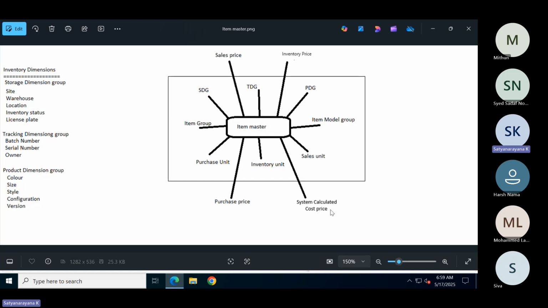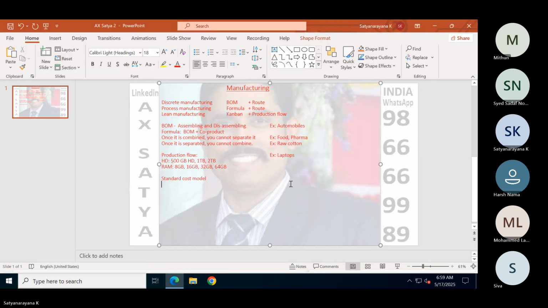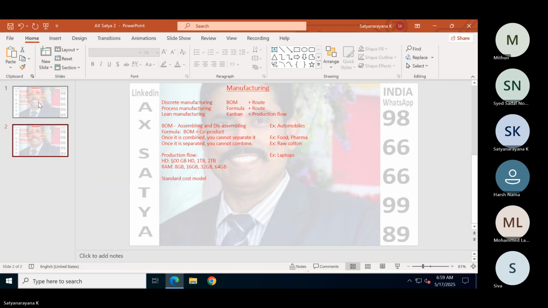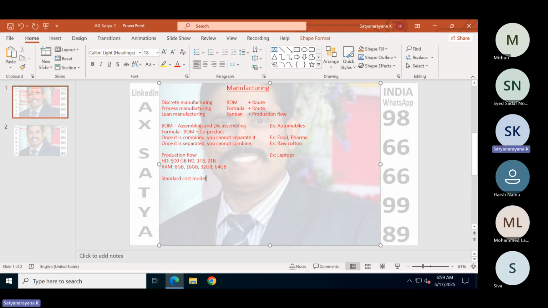Okay, for the item, we have 4. I'm taking duplicate. So here, whenever you are doing a released product, you have purchase price, sales price, cost price, inventory price.